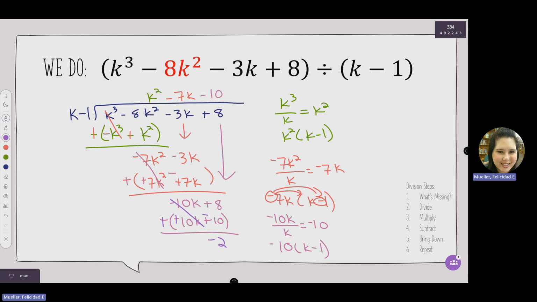So notice this time we no longer have a 0 as a remainder. So we're going to keep our quotient. And our answer is going to be k squared minus 7k minus 10. And in this case, because it's a negative, minus 2 over k minus 1. So again, this here is my quotient.